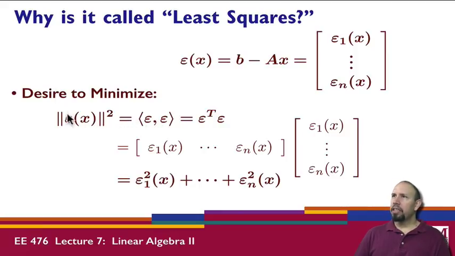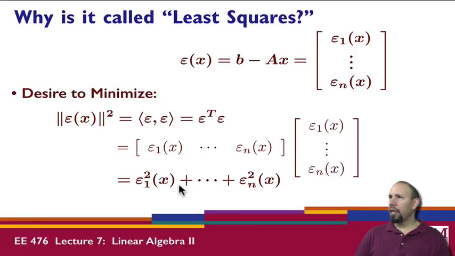So desiring to minimize this quantity, the norm squared of the error, that's the inner product of the error with itself. Notice here, error is a function of x. This inner product is equal to the error transpose times itself. Since the error is these elements, we get these elements transpose times itself.